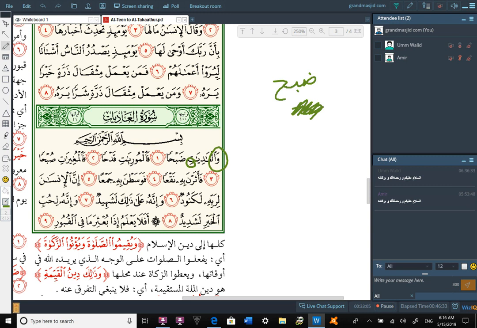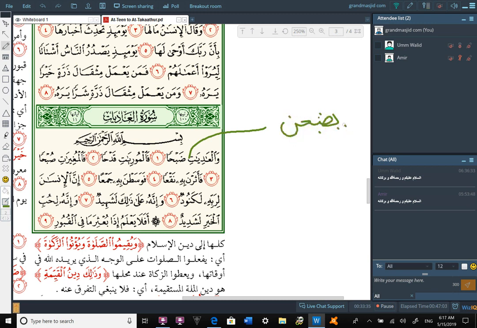Dabha is considered by some to be the maf'ulun mutlaq. Now we know maf'ulun mutlaq is describing a verb using the same root letters as the verb. But here we don't have a verb, so what do they mean? It means something here is missing, which would be yadbihna.